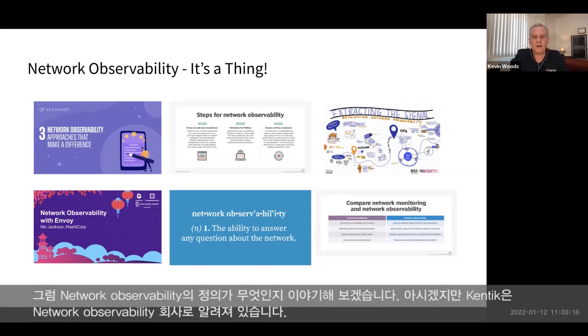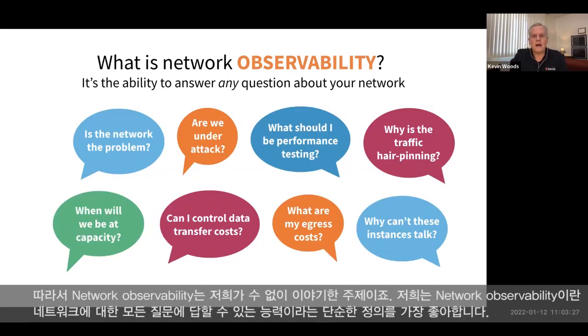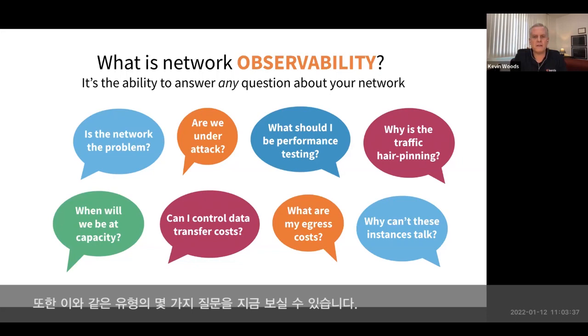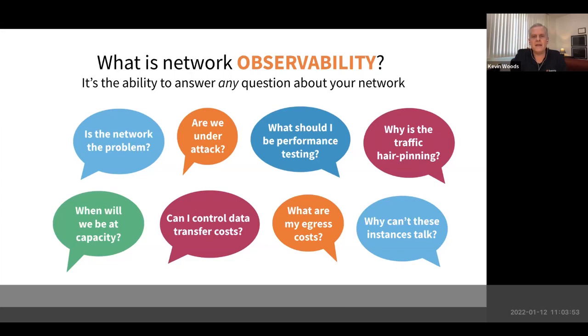Let's talk about what our definition of network observability is. And you may know Kentik as the network observability company. So it's something that we talk about a lot. For us, we like this simple definition of network observability, which is it's the ability to answer any question about your network. And you can see what some of these types of questions are. They may be things that we know about ahead of time, like what are egress costs, or they may be things that are unknown, like why is the traffic hairpinning?